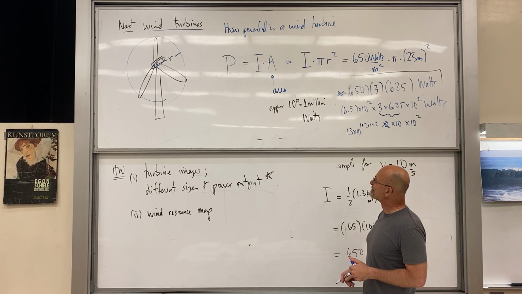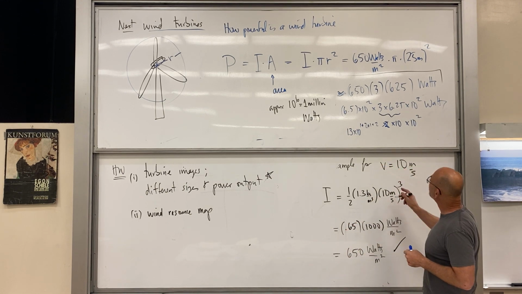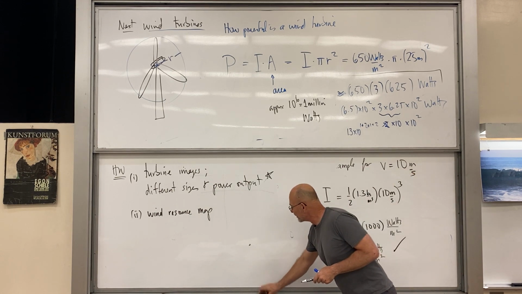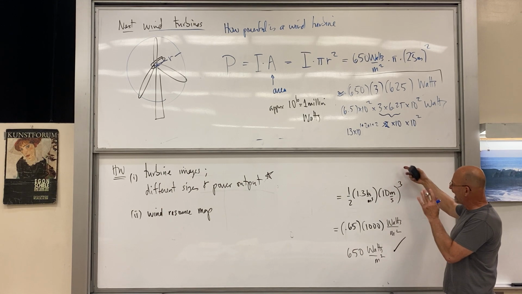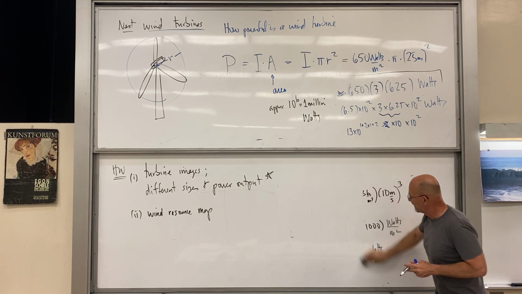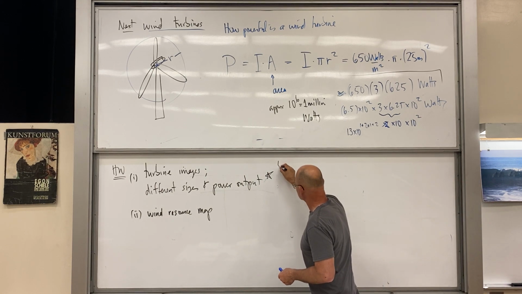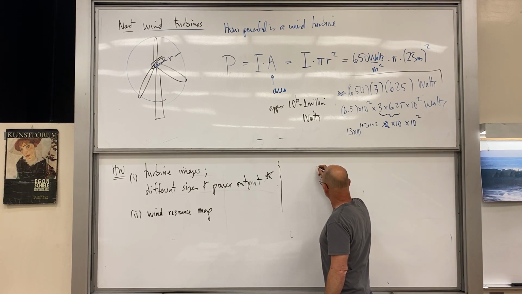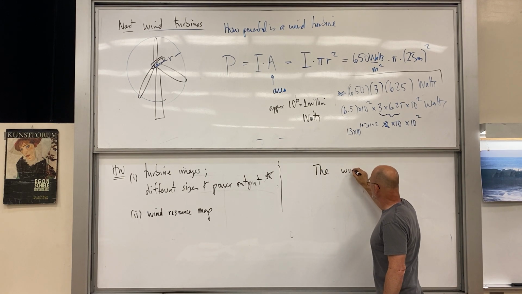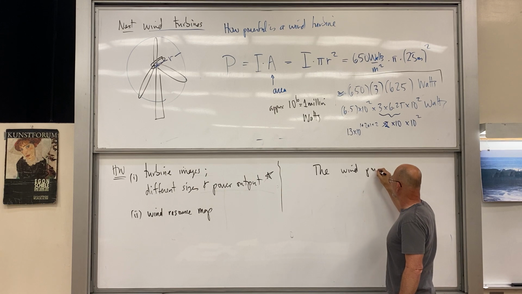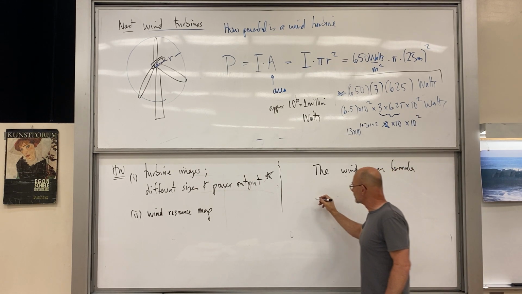And I'm going to end with a discussion of our formula, which is very important. Right? I just gave this 10 meter per second example. So once more, the wind power formula, I'll call it. So we have to take a closer look at it, right?